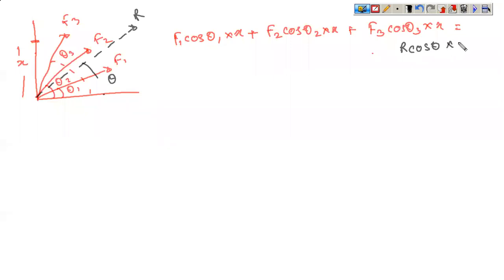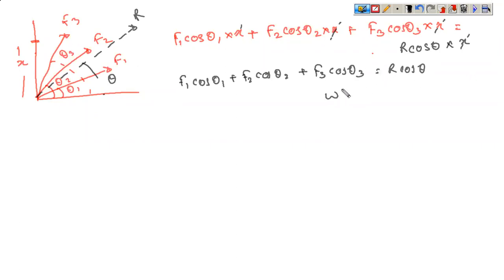So this is R cos theta into x. Okay. If you remove all x in this equation, then you get F1 cos theta 1 plus F2 cos theta 2 plus F3 cos theta 3 is equal to R cos theta, which is true.